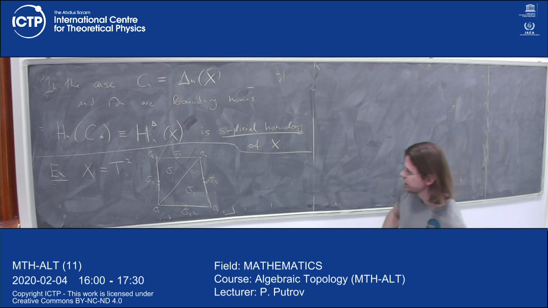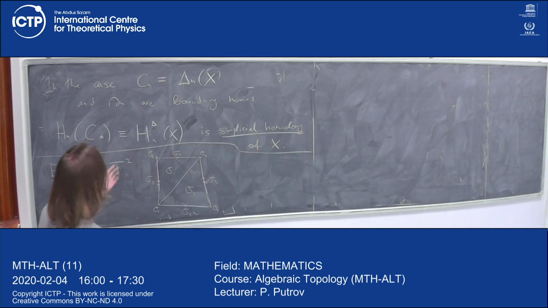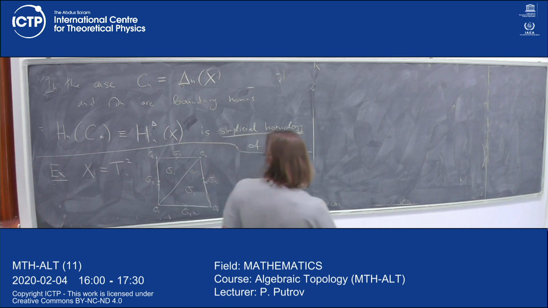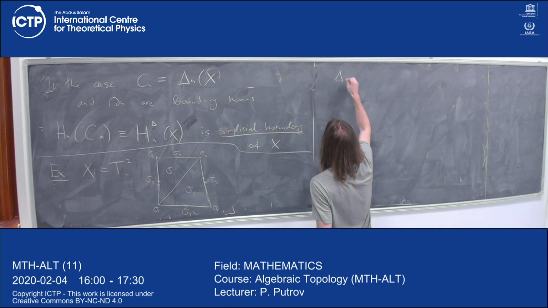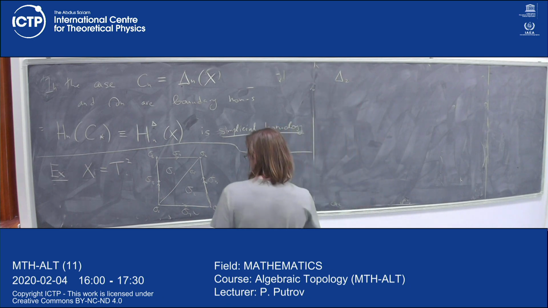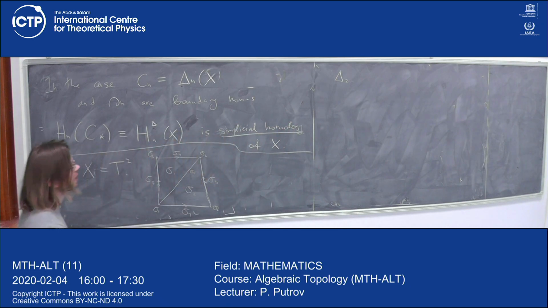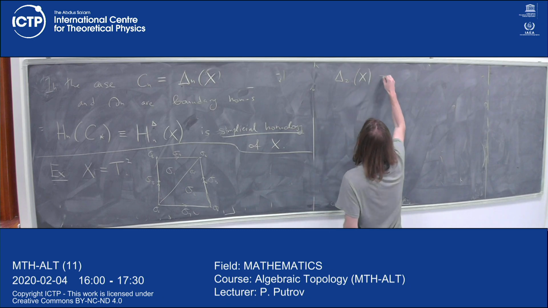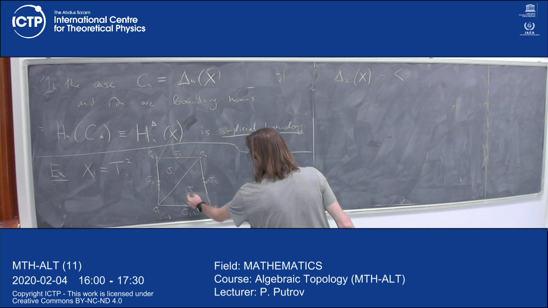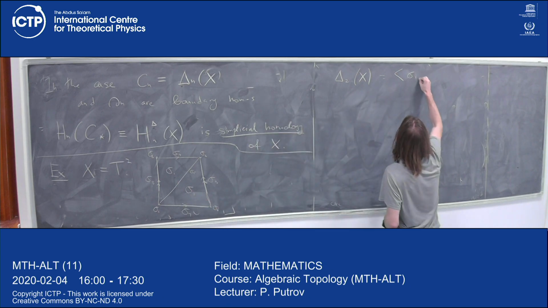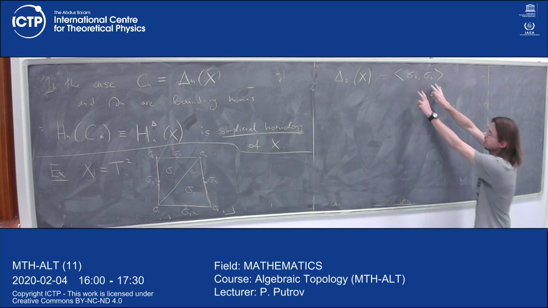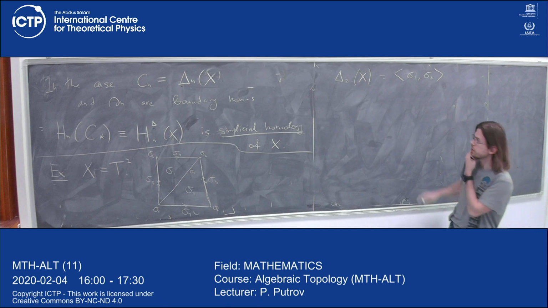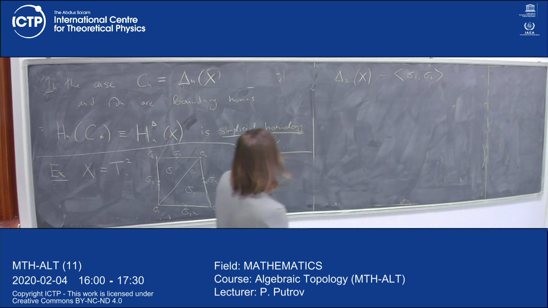So let's see. We need to determine these groups. We only have simplices of dimensions 2, 1, and 0, so we consider n equal 0, 1, 2. Delta_2 of X will be generated by sigma 1 and sigma 2. Here, generated means it's a free abelian group with these generators, which is all possible formal sums of these two.